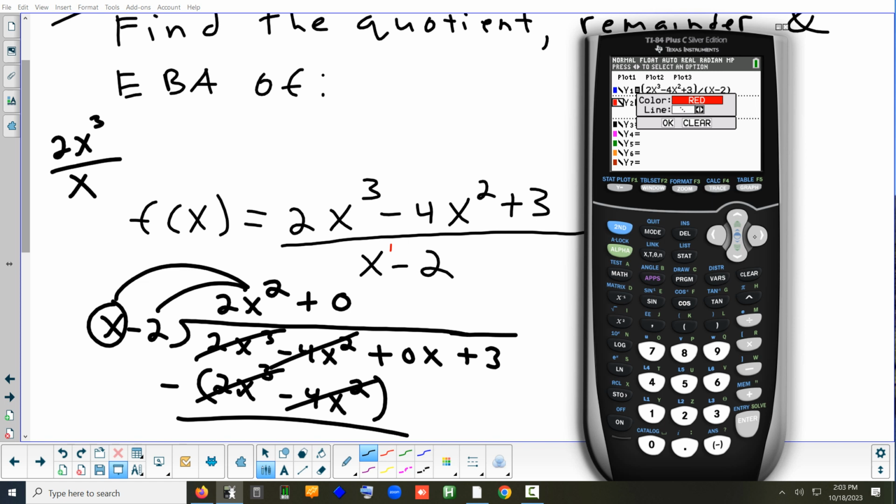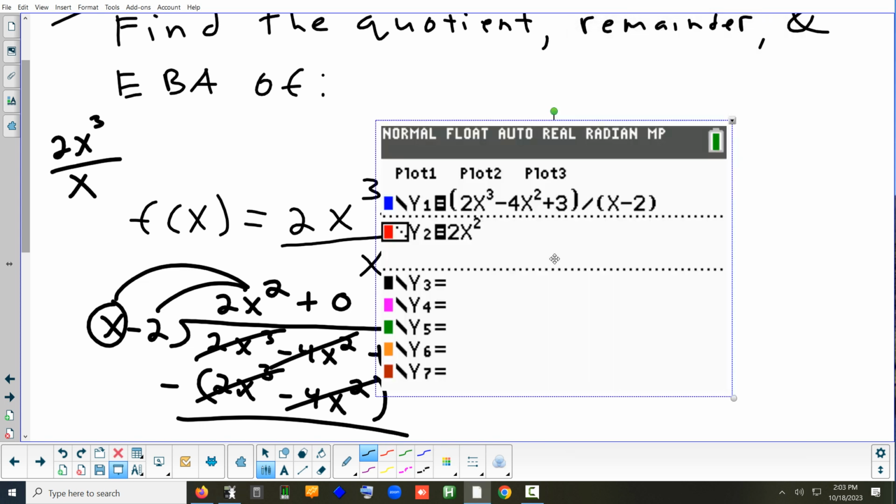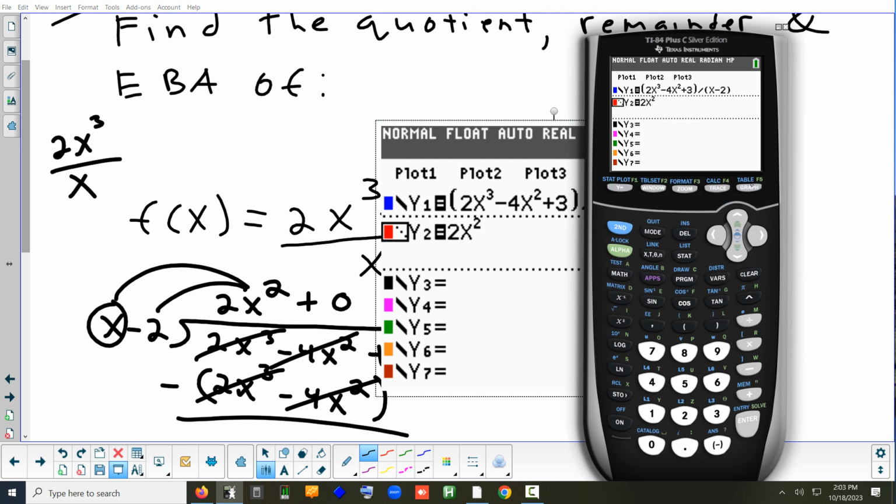I want it to be a thin dotted line. And then I have to press OK. And now you can see it showing as a thin dotted line. Let me graph that and see if I set my window right. Yep, I did. So that's the original.